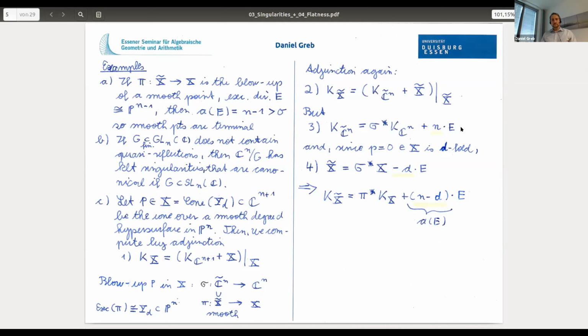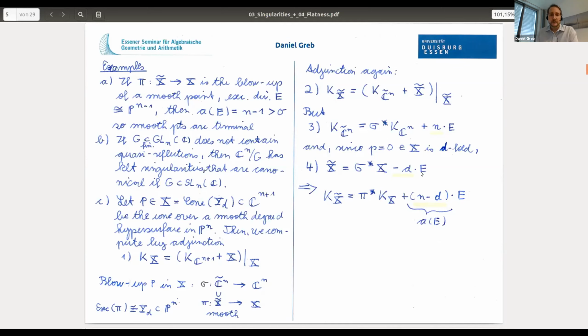And now I also know what the strict transform of this divisor is. It's the pullback minus d times the exceptional divisor, because if I pull back X, which has multiplicity d at the origin since it's a hypersurface of degree d, I get the strict transform plus d times the exceptional divisor, which I can subtract.